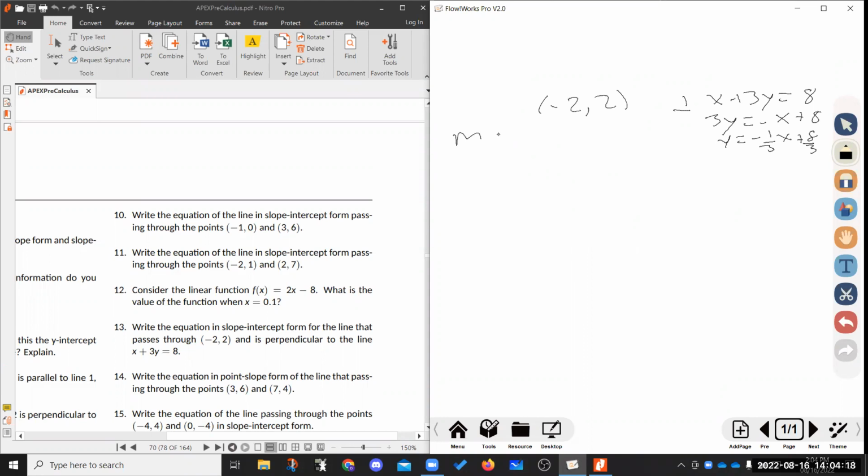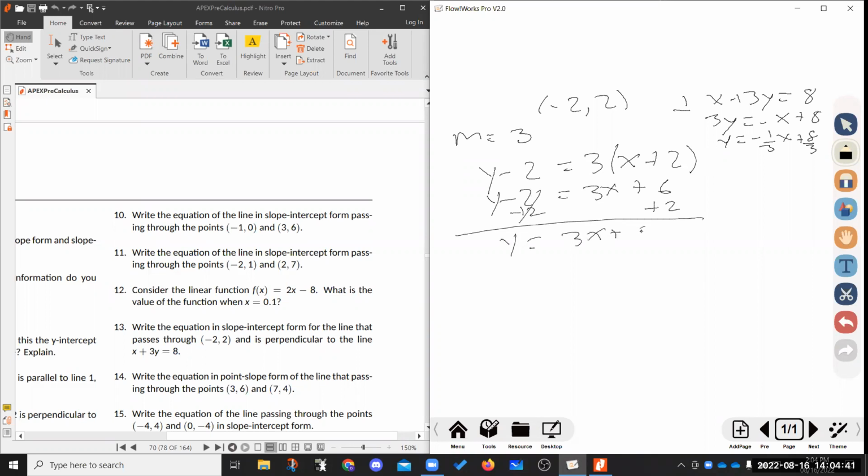So my slope that I'm interested in is the negative reciprocal. That's going to be 3 and passes through this point. So we've got y minus y1 equals m times x minus x1. y minus 2 equals 3x plus 6. Add 2 to both sides. y is equal to 3x plus 8.